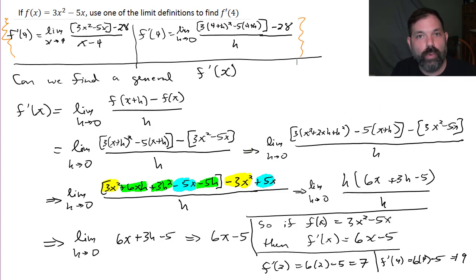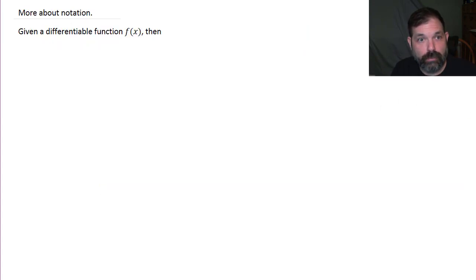And so we call this a derivative function. Given a differentiable function, f of x. Now, I haven't really talked about what differentiable means. I'll talk briefly about that in a moment.